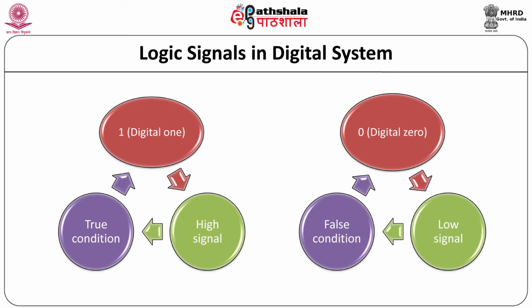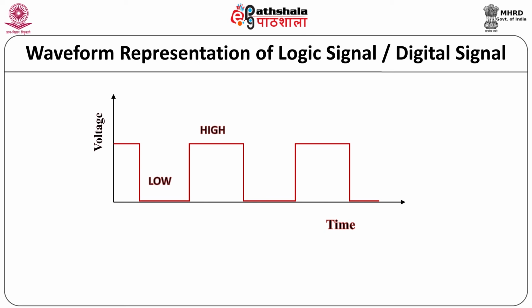Logical operators are used between logical statements or logical expressions. In this, you can see one simple waveform for digital signal. In this signal, you can see there is high state and low state. This is square wave, square signal. Your y axis is voltage axis and your x axis is time axis.